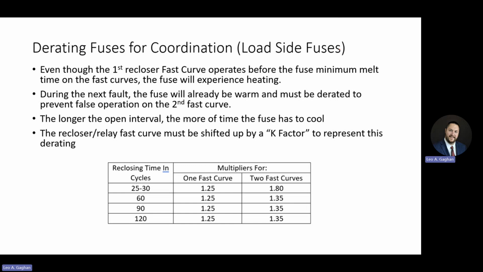It may be damaged. During the next fault, the fuse will already be warm and must be derated to prevent false operation on the second fast curve. The longer the open interval, the more time the fuse has to cool. And the relay recloser fast curve may be shifted up by a K factor to represent this derating.